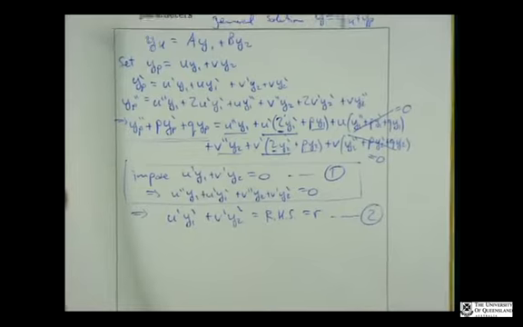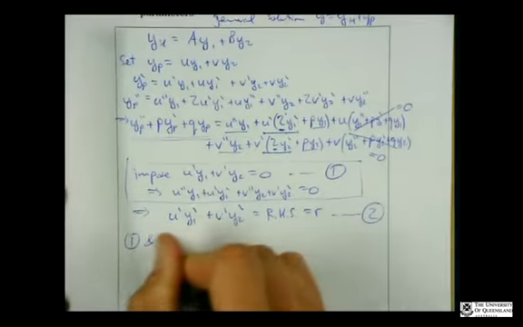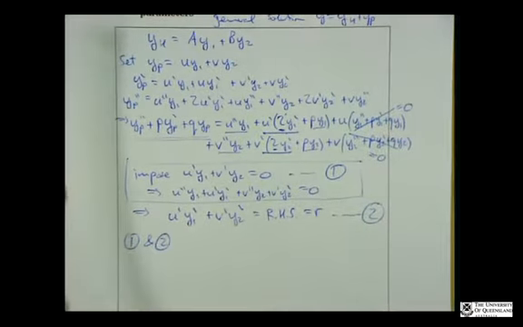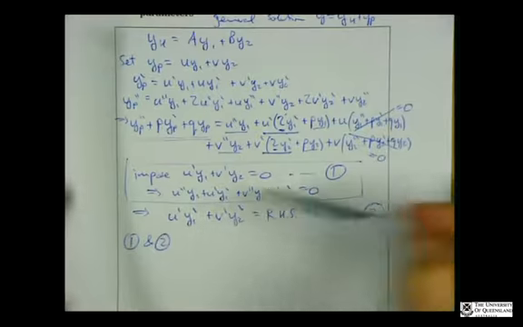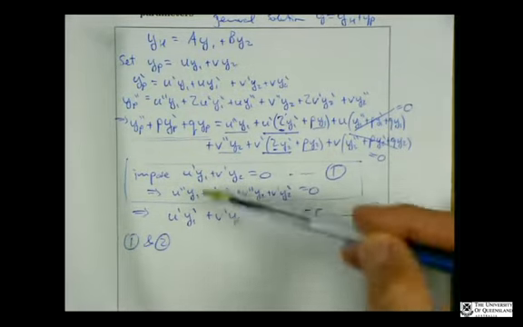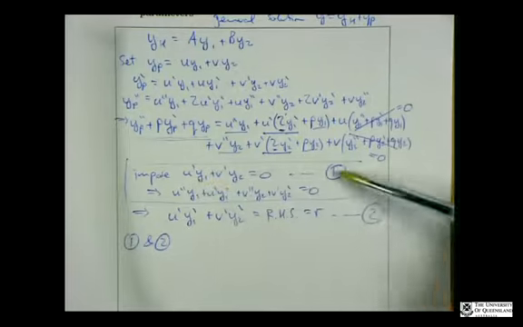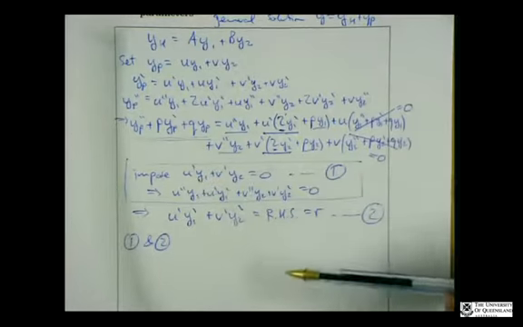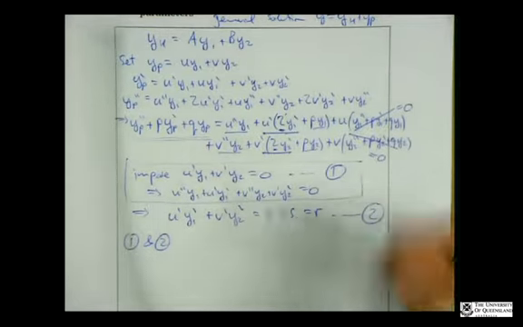If I take equations 1 and 2, they're both linear equations, actually not in u and v, but linear in u dash and v dash. So I want to solve for u and v, and at this stage I can try and solve equations 1 and 2 for the derivatives, u dash and v dash.